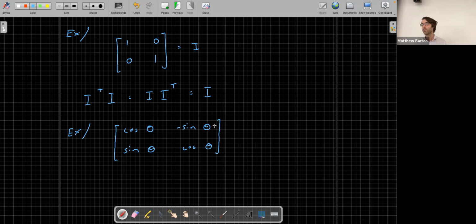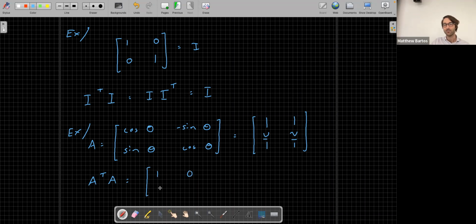But we know from before that this is equal to our vectors u and v, right, from before, and that u and v are orthonormal, meaning that if you take A transpose A, you will get the identity matrix, right? Because we showed that U is orthogonal to V and that U is unit norm and V is unit norm.